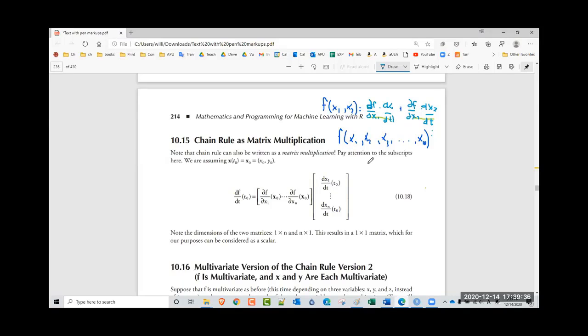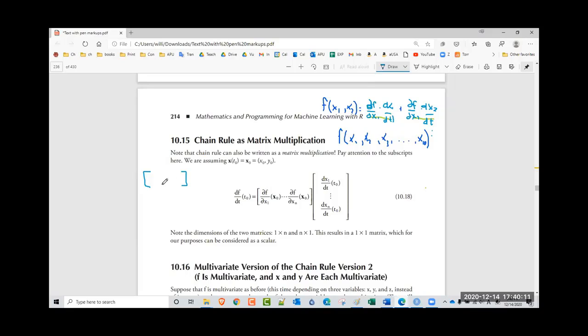Now, watch this. Let's define a matrix. I'm going to define a row matrix, with just two pieces.